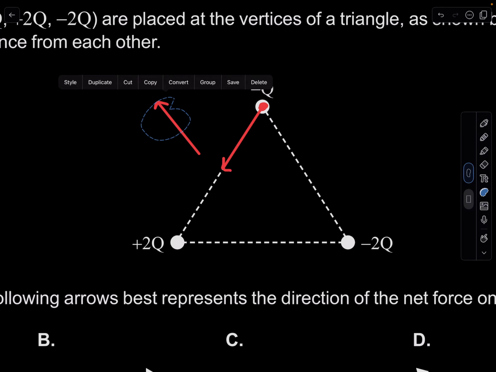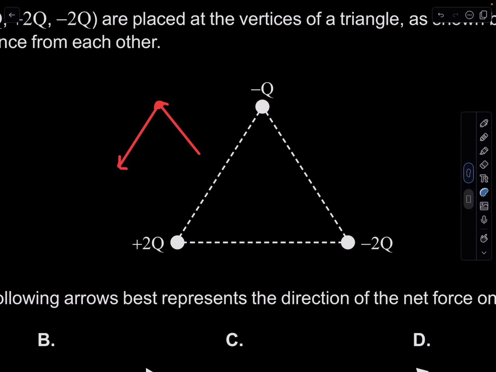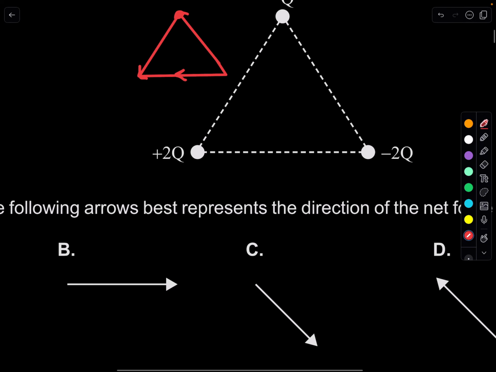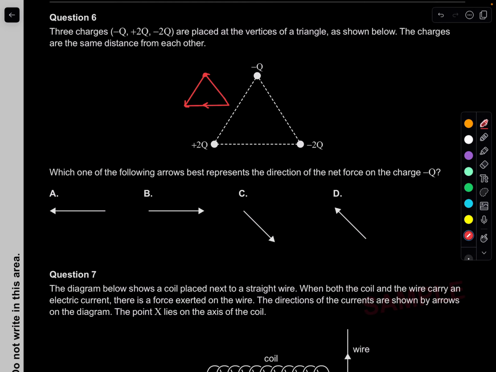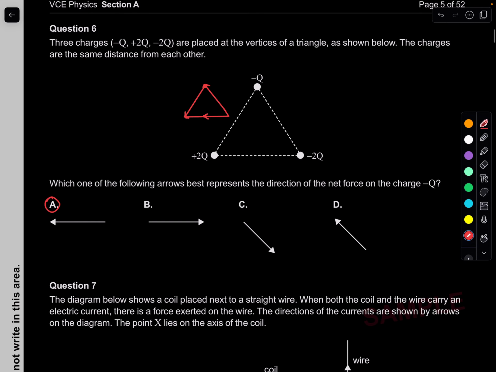If I take that there, and take that there, you would have, nicely, a horizontal straight line going to the left. Yep, like that. Beautiful. That looks good.